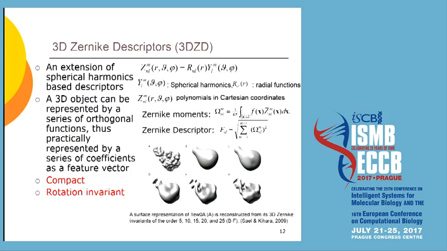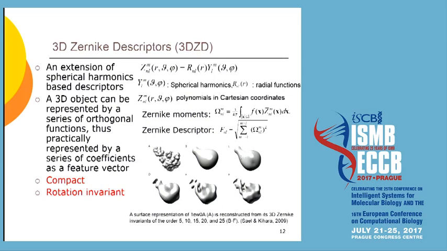If you use only spherical harmonics, you can only describe a shape which has only one surface along one direction, but because it has the radial function, very complicated shapes which have multiple layers of surface along one direction can also be represented.